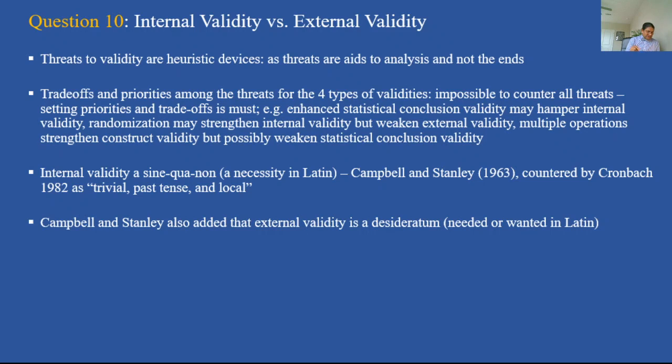Now the book mentions that external validity is a desideratum. So what does that mean? It's just another Latin word for sine qua non, actually. So Campbell and Stanley, when they talk about internal validity as sine qua non, also mention in the same breath that external validity is a desideratum, which in Latin means something that is needed or wanted.